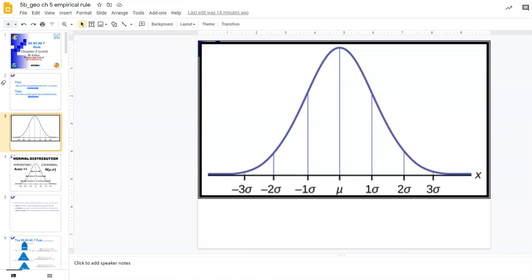So you see here, you draw a bell curve shape with the mean in the middle, and then you go from the middle, you go left and right, one standard deviation away. So to the right of the mean is positive, and to the left of the mean is negative. And then you go further out, you get two standard deviations, and at the very ends, at the tails, you have three standard deviations away.